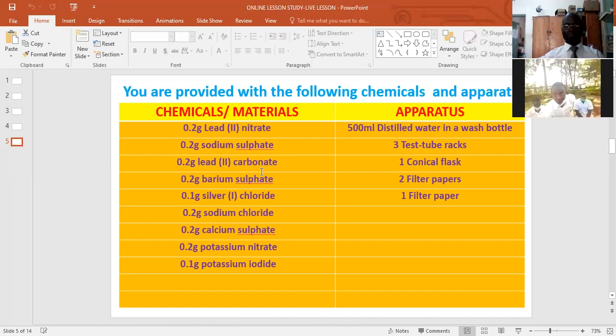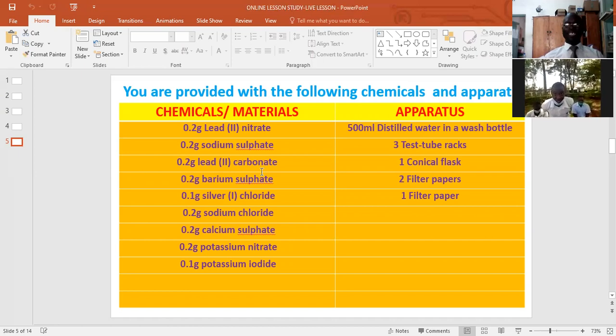You are provided with the following chemicals, materials, and apparatus. Just read the column for chemicals alone.